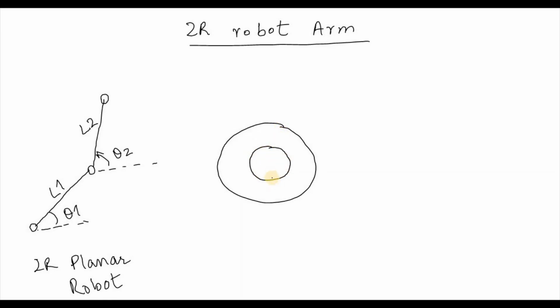A torus is actually like a donut. It's a 3-dimensional object, and this topology can be described as S^1 cross S^1, which is T^2. This is its topology.